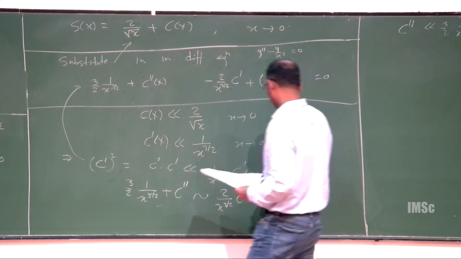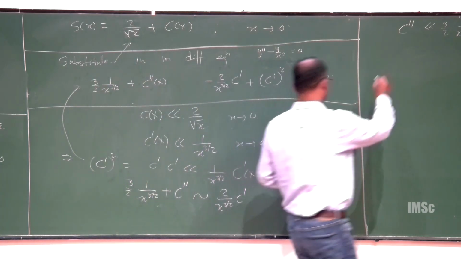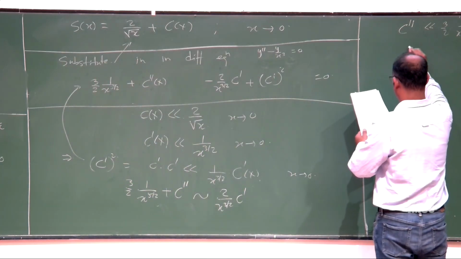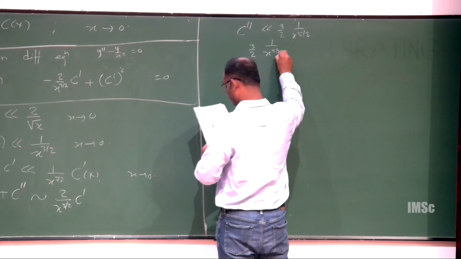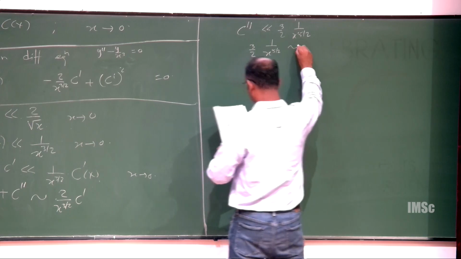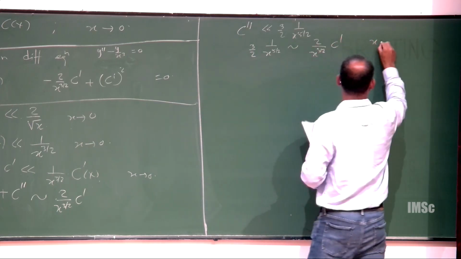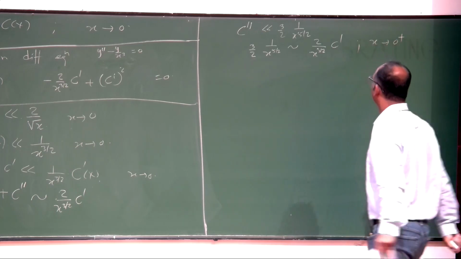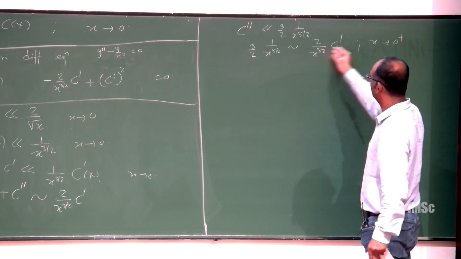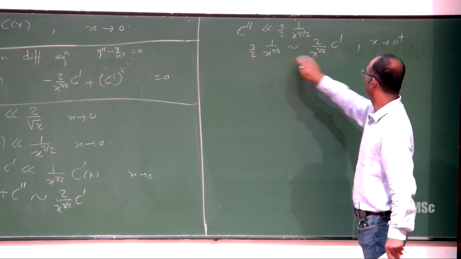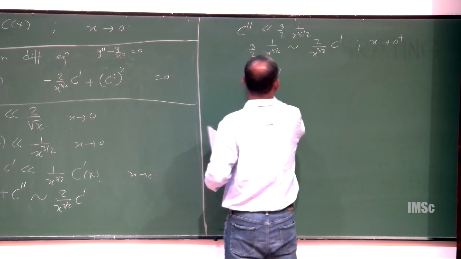With that, I can reduce this asymptotic relation to 3 over 2, 1 over x^(5/2) is asymptotic to, as x goes to 0 plus. Now that's a relation involving only c prime, and you have 3 half and 5 half here. So you can do an integral. So I will just do it.